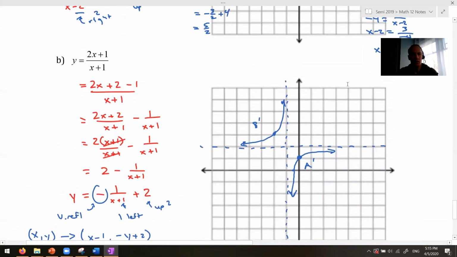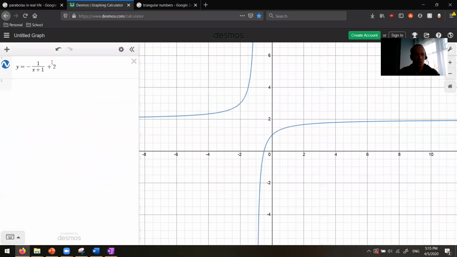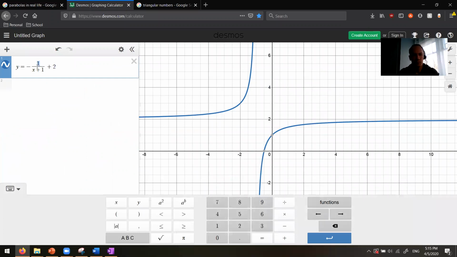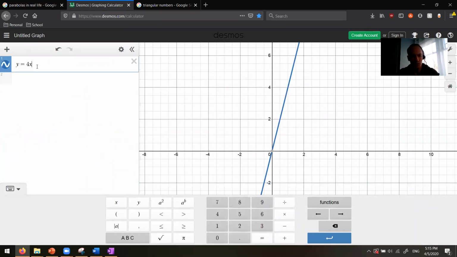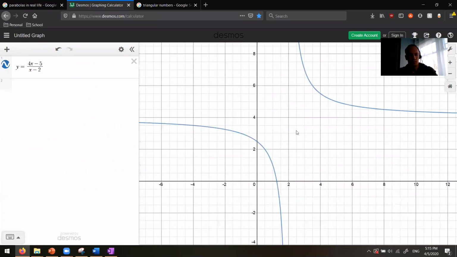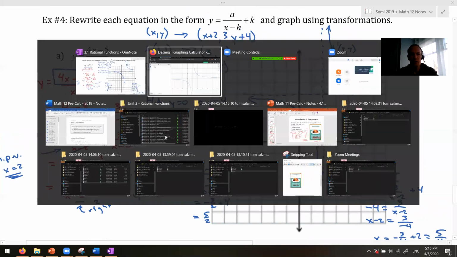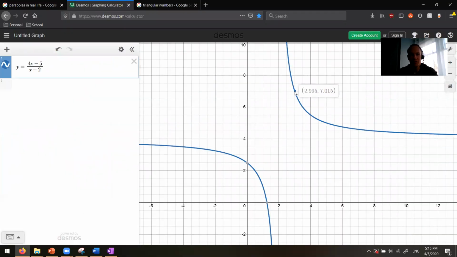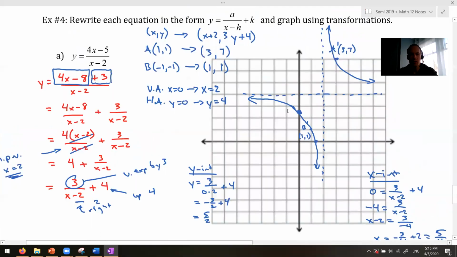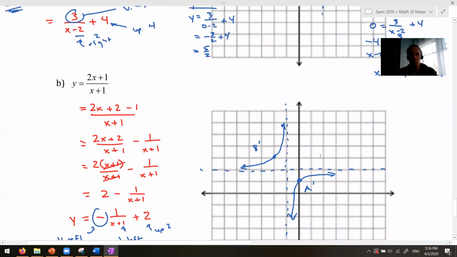And then the other one was 4x minus 5 over x minus 2. I realized for this one I went back to the original equation instead of what I simplified it down to, but whatever, it's all good. There's my point 3, 7, which I screwed up, but it looks like the graph is now matching what I've done. It crosses over at the correct points, 2.5 and 5/4. So, looks like we're pretty good.